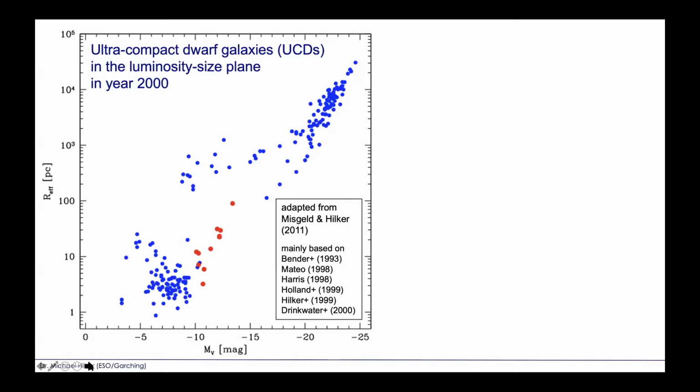And they fell in the size-luminosity plane in some kind of an intermediate region between the globular clusters on the lower left side. This is the Galactic globular cluster system. You have the elliptical sequence down to the compact ellipticals and the dwarf ellipticals on the upper branch. And you see that these ultra-compact dwarfs fill this space in between.